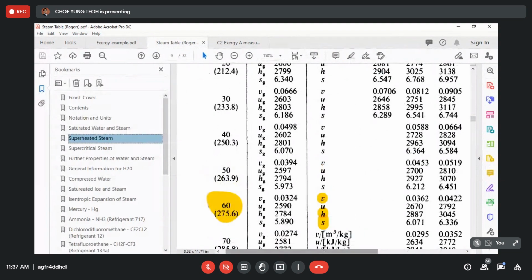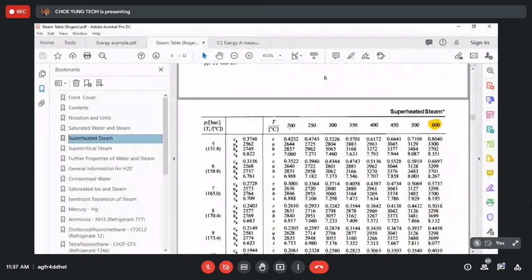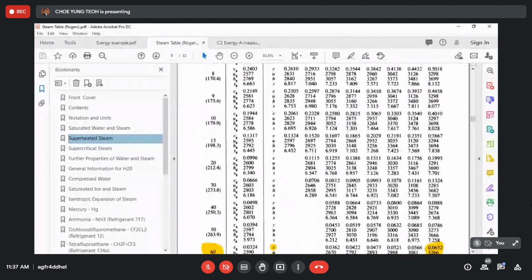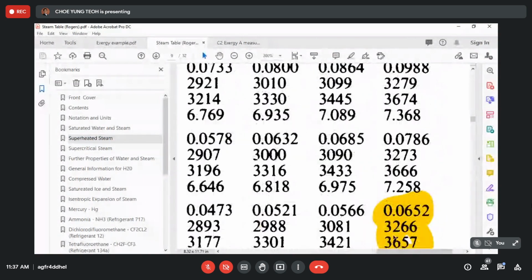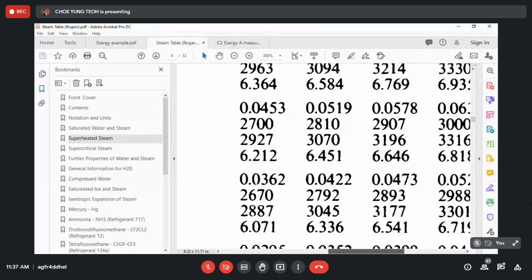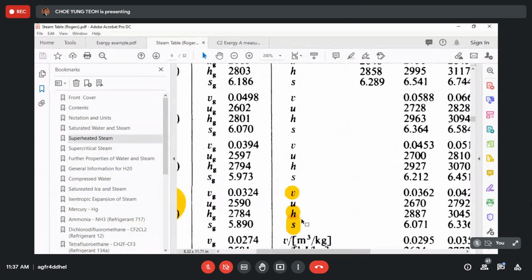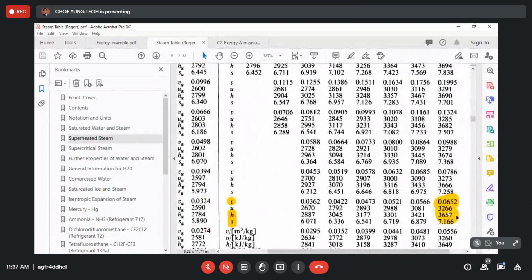For this case, the temperature is 600 degrees Celsius. So we refer to the top, where I can see the temperatures 200, 250, 300, and go to 600. When we drag down, yeah, this is what we're looking for. So our H is 3657 and S is 7.166.